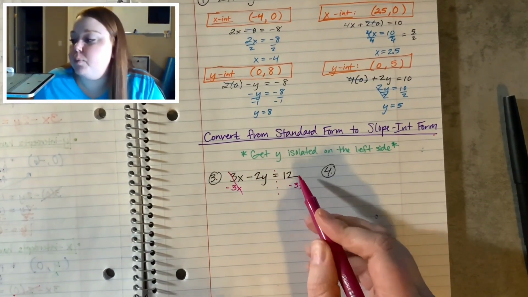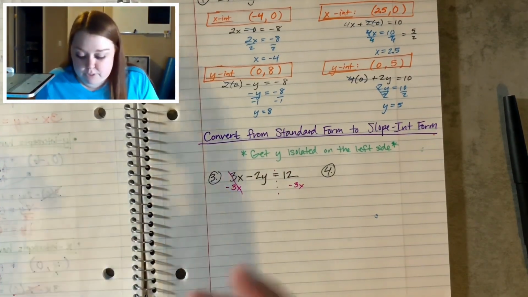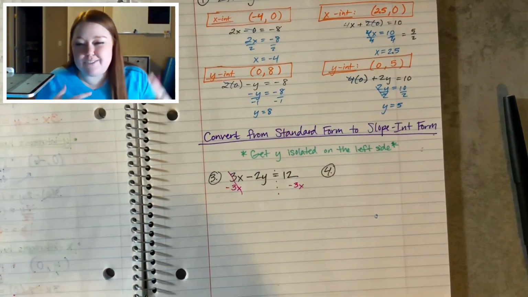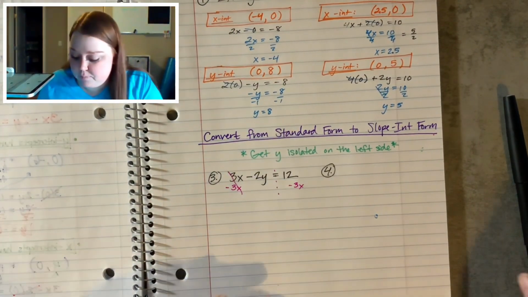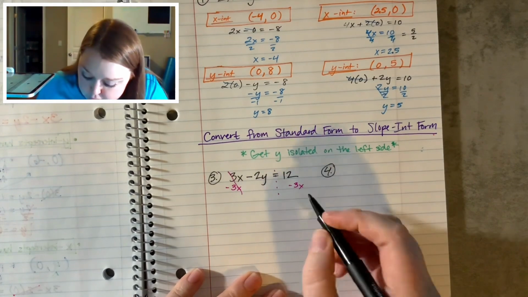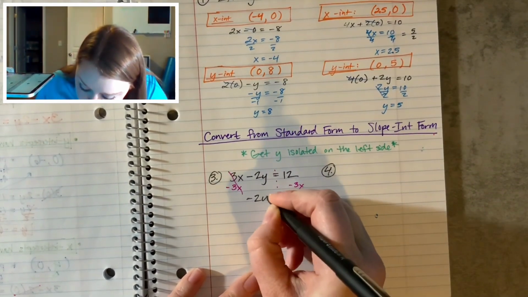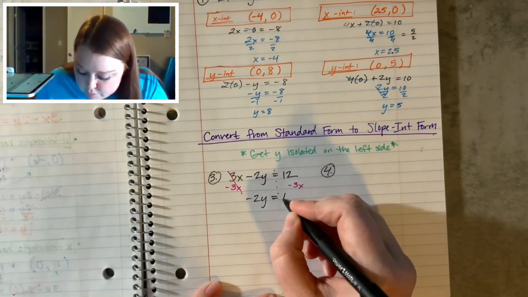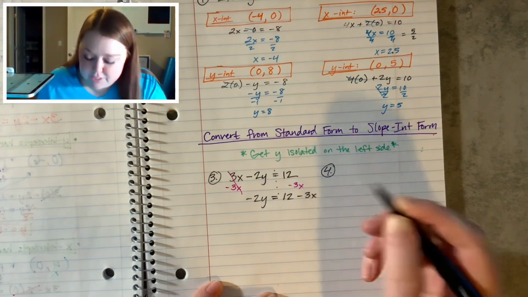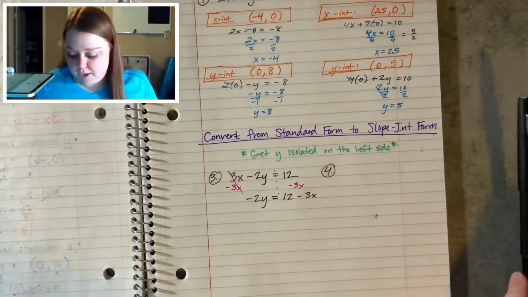Now, it might seem weird putting it underneath the 12, because 12 minus 3x, you can't actually subtract those. They're not like terms. So here's what you're left with: -2y equals, and then you literally can just write 12 minus 3x, because 12 minus 3x is just 12 minus 3x.